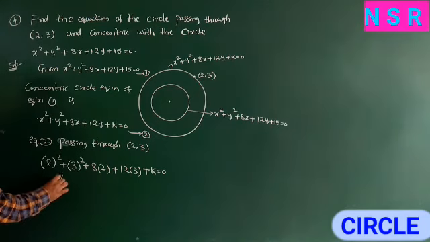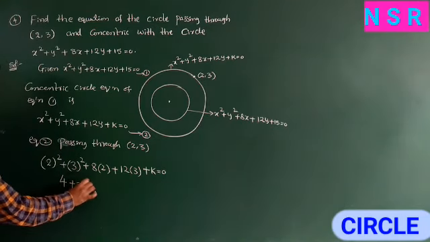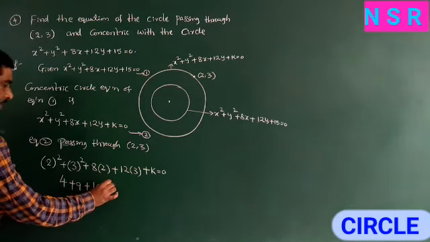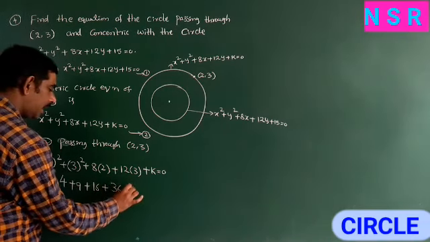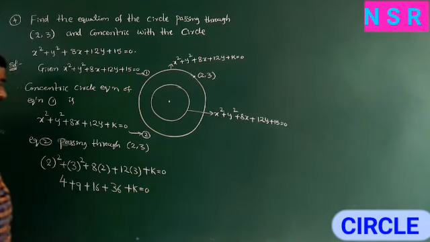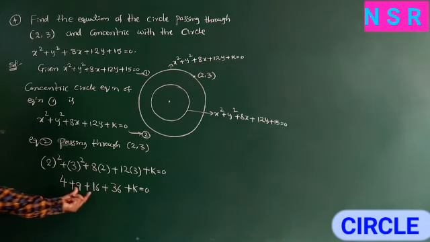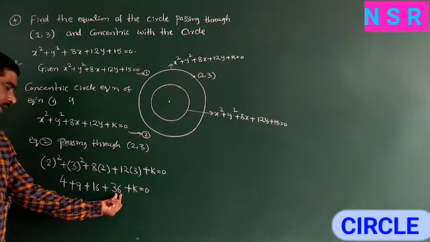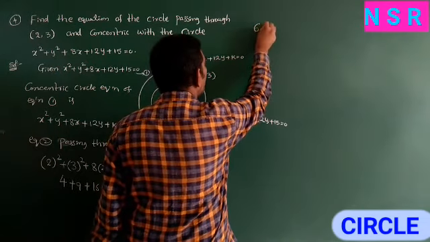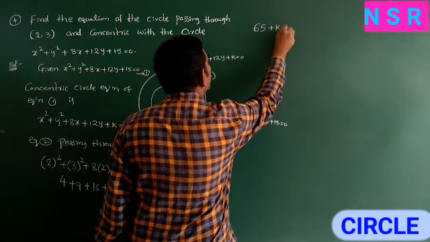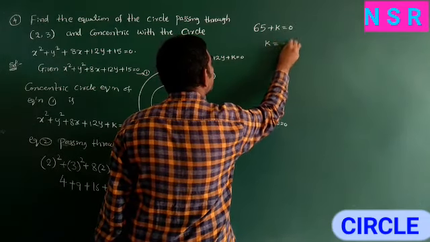Now 2 square value is 4, 3 square value is 9, 8 into 2 is 16, 12 into 3 is 36, plus k equal to 0. Now add all these values: 16 plus 9 is 25, plus 4 is 29. Next, 35 plus 30 is 65. Now 65 plus k equal to 0. Now here k is equal to minus 65.